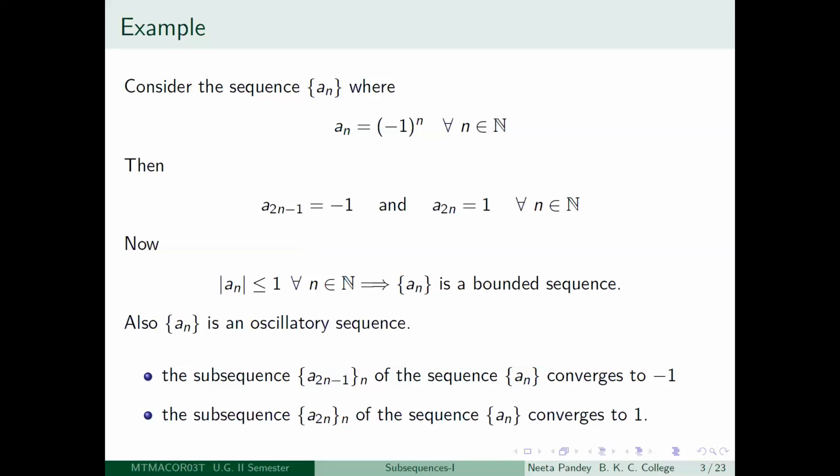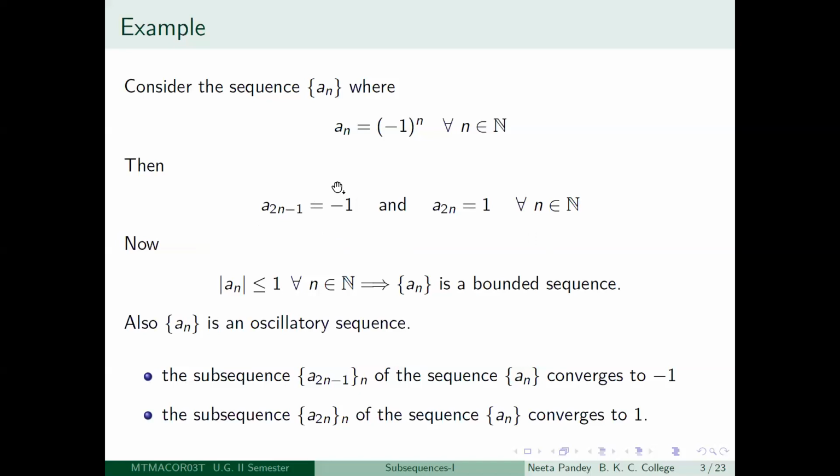So let us make it more specific. Suppose I try to find all subsequences which converge to -1. Then any neighborhood of -1 should contain all terms of the subsequence after a certain term of the subsequence.